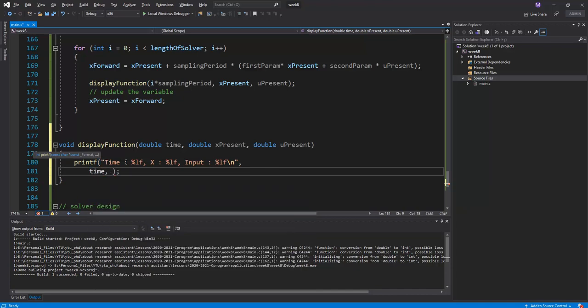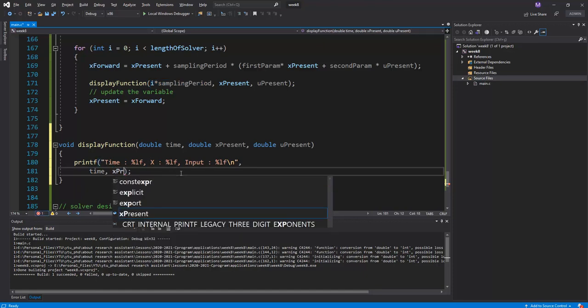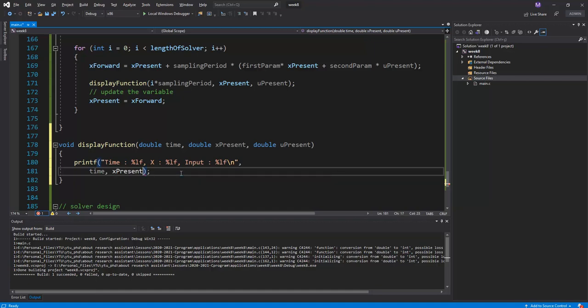Time, because it's a function parameter in here, and so the display function is fed by using the I times sampling period. And so the x value is equal to what? X present value, which is also a function parameter, and so the u present value can be shown by using the printf function.